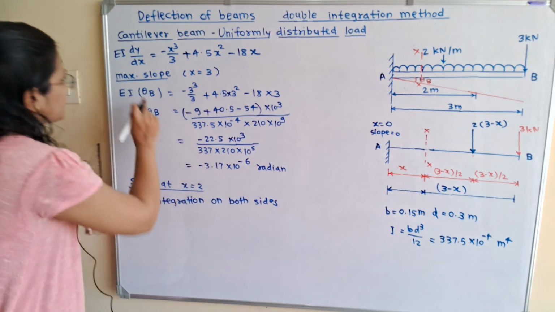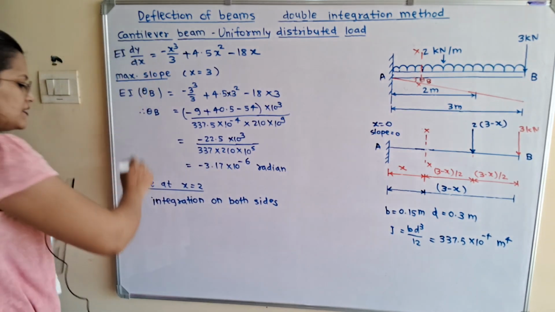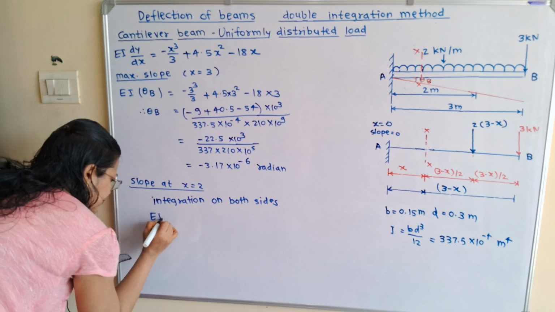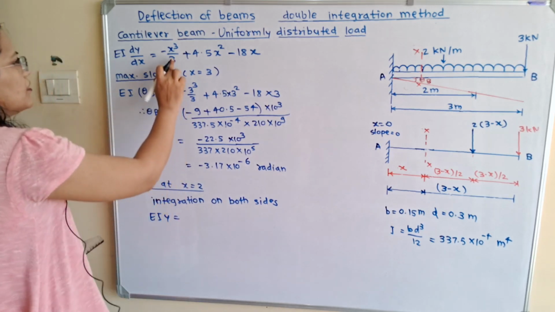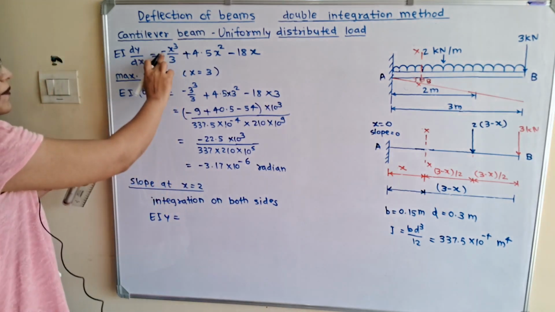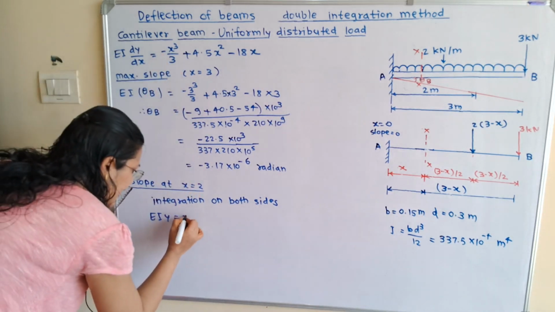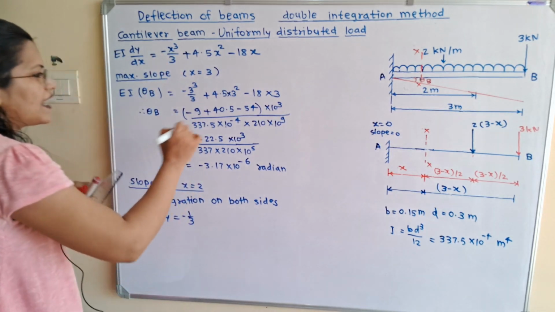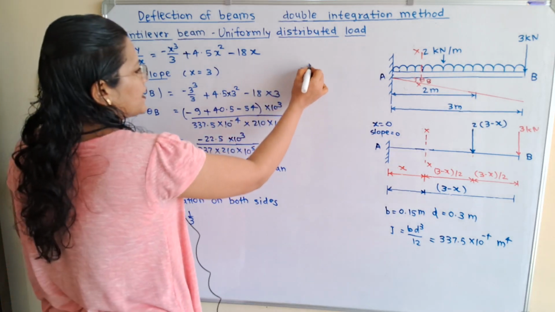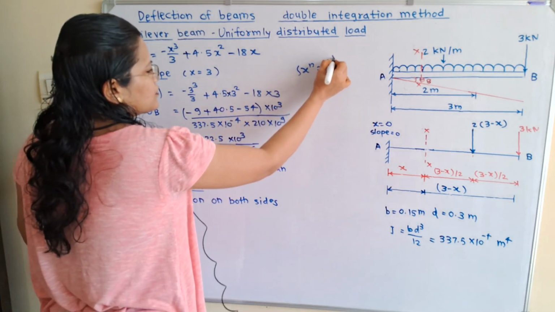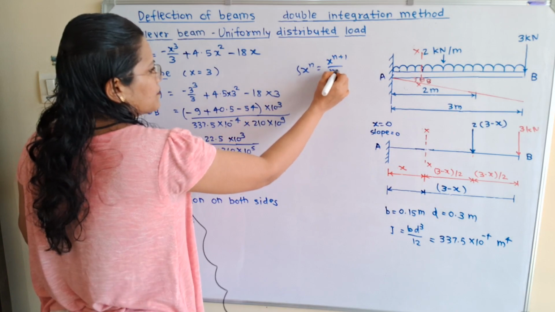So this equation will become EIY is equal to minus 1 by 3 we will write as it is because it is constant, and we know that x raised to n integrates to x raised to n plus 1 divided by n plus 1.